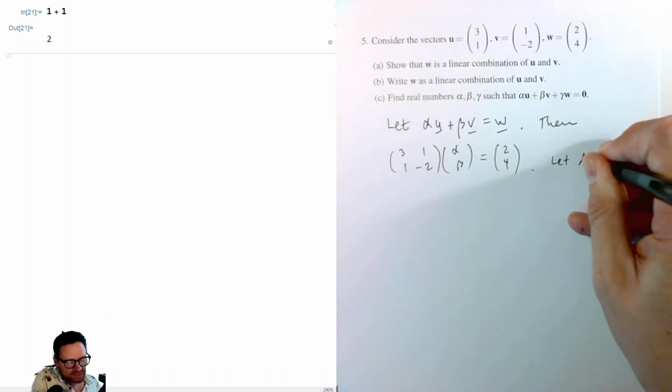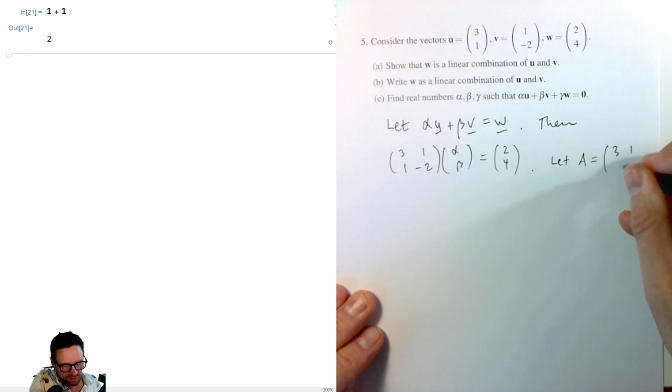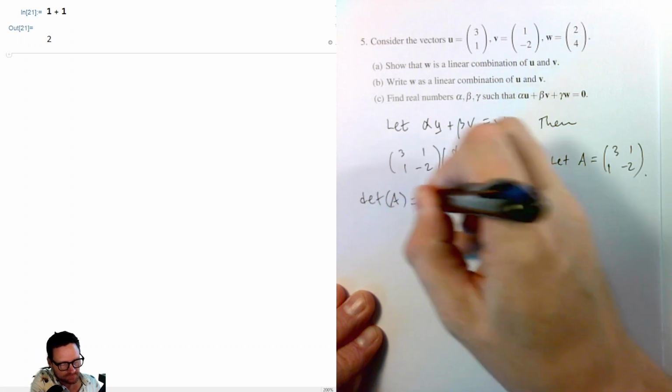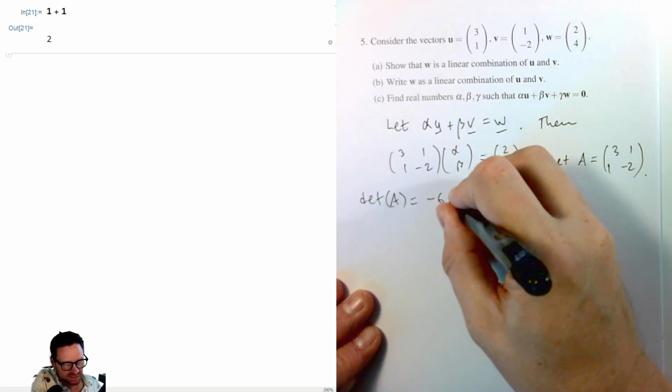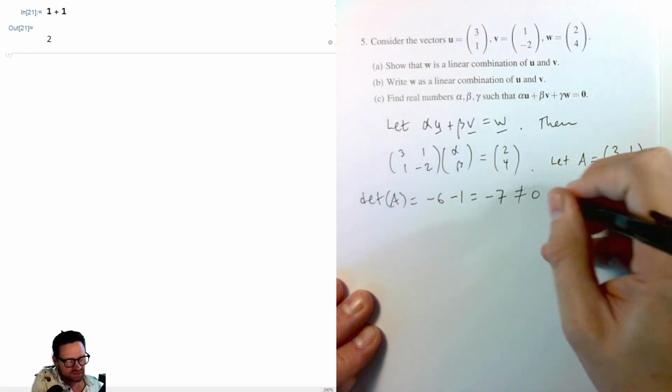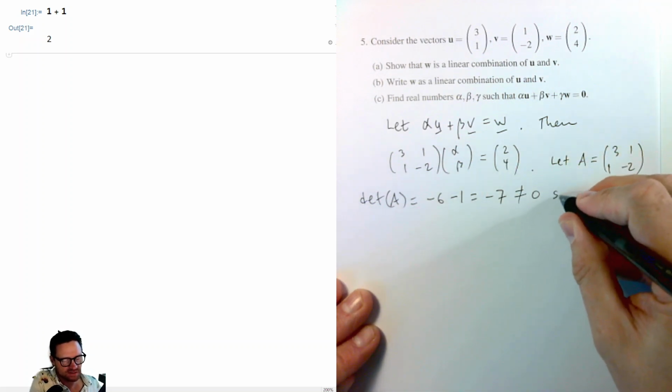So let A be equal to 3, 1, 1, minus 2. The determinant of A is minus 6 minus 1, which is minus 7. That's non-zero, so the inverse exists.